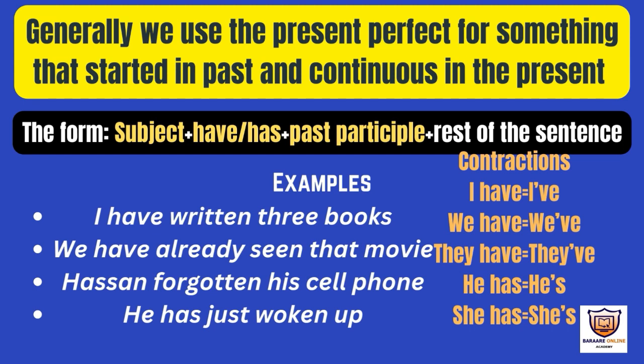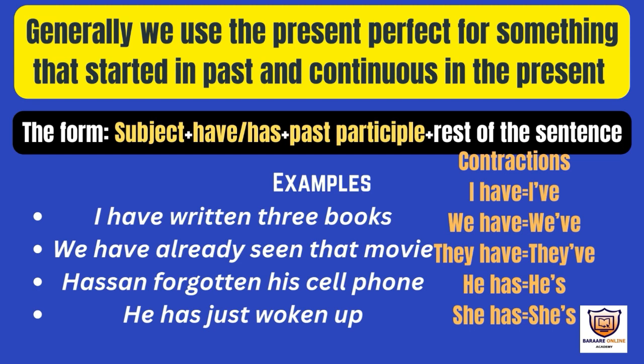Here we have the contractions. As we know, if you are writing formal writing, we always use the formal forms like have, has. We don't use the contractions. But when we are informal, for example, when we are talking to our friends or people around us, we always use the contractions.